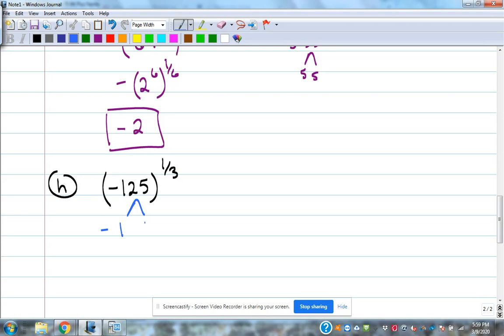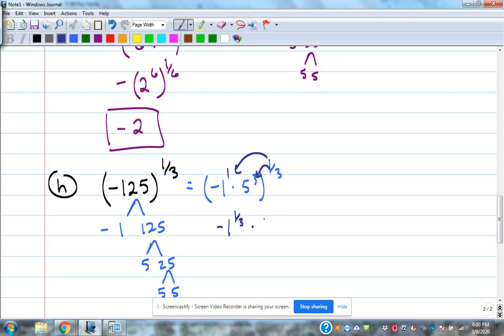I'm going to treat this as -1 times 125, which we already know is 5 to the 3rd. So that's -1 times 5 to the 3rd to the 1/3. The rules for exponents are you're going to multiply both of those by that 1/3. So that's -1 to the 1/3 times 5. -1 to the 1/3 is -1, so -5.